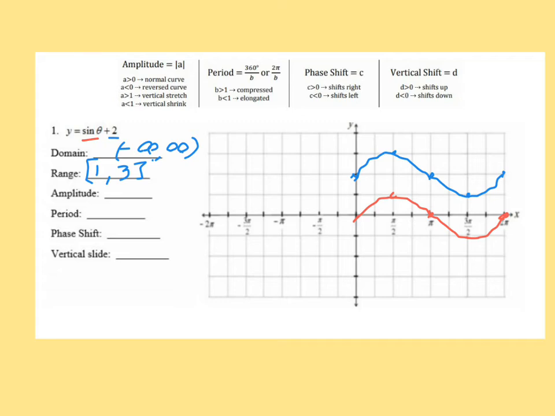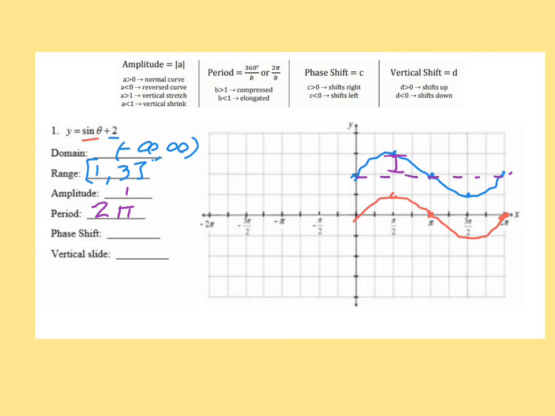Amplitude. While we have moved everything upwards, the midline moved up by 2. But the distance between the high point 3 and the midline is still 1. So that hasn't changed. Same with the period. The period is still going to be 2 pi. Phase shift, we've not moved this left or right.